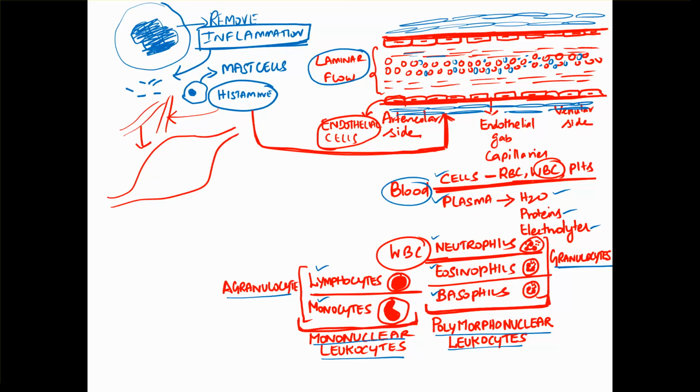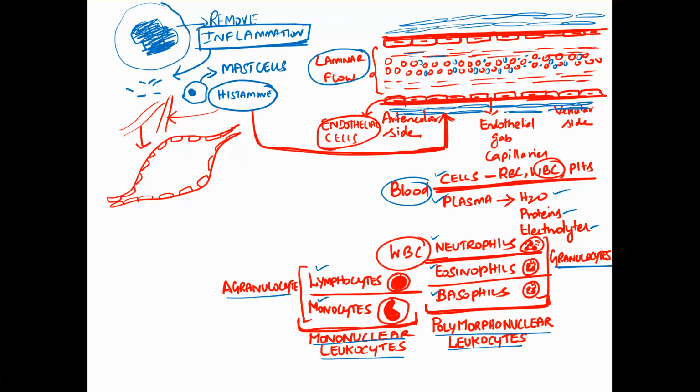The area where it acts goes for vasodilation. You all know blood vessels are lined by endothelial cells, but there is some gap between the endothelial cells in the capillaries.